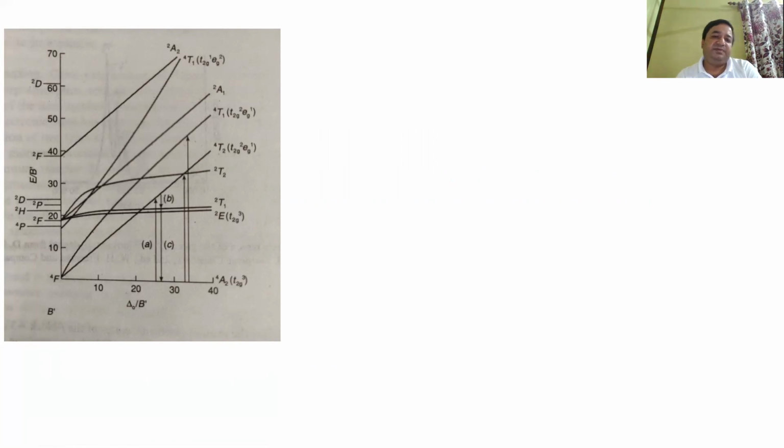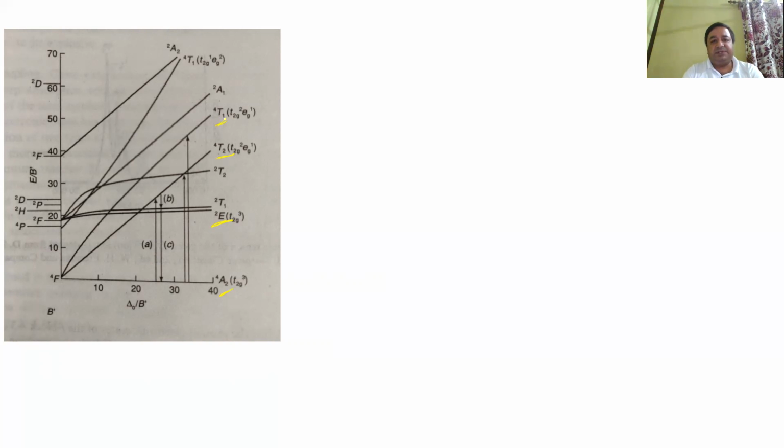Once we see it, we can see that the 4A2g state is the ground state, and here 2Eg is running parallel to the 4A2g ground state. The electrons are promoted, obviously following the spin multiplicity selection rule, from 4A2g to 4T2g and 4T1g, as shown in the Tanabe-Sugano diagram.